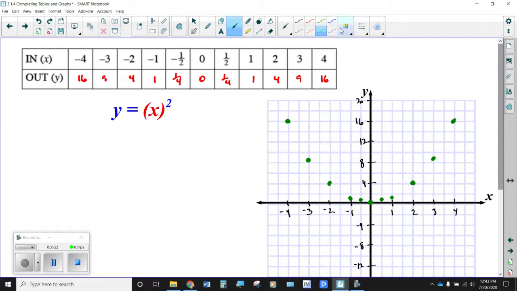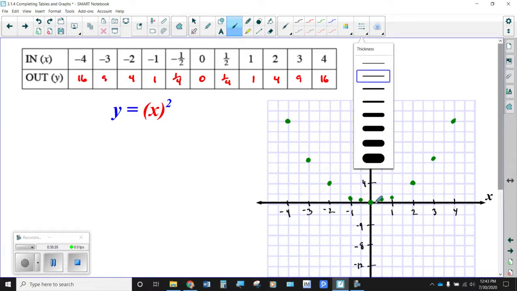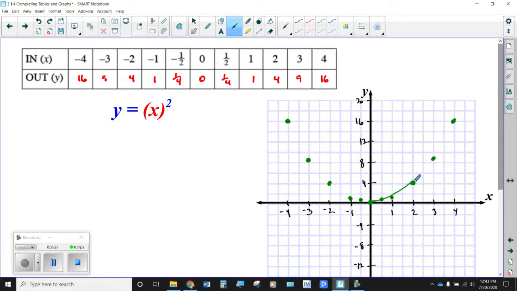So you see how that's forming like a U shape here? That would keep on going forever because we can continue adding on any values for x, and this is going to keep going straighter up and steeper up. Hold on for a second. I'm going to do a little trick here.